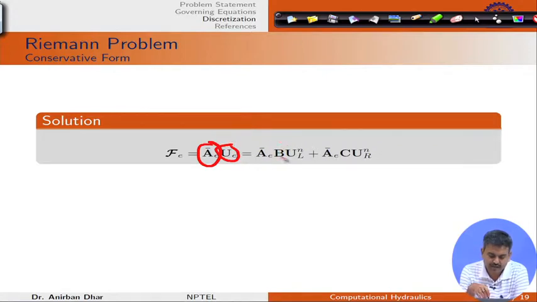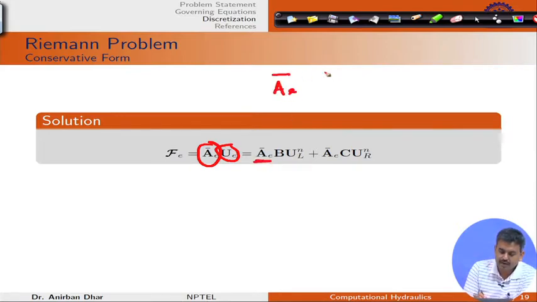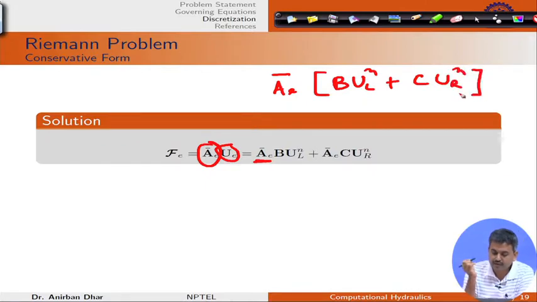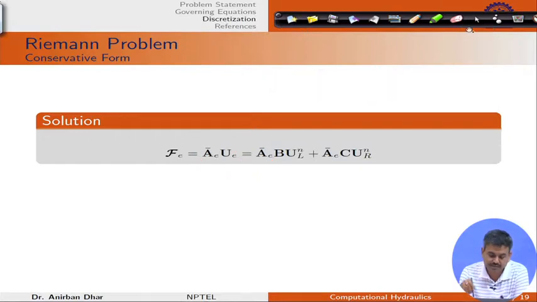So, I can just multiply from my previous slide, this is A E bar into B U L n plus C U R n. So, with this information I can calculate the flux there.